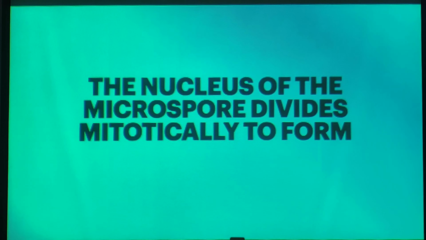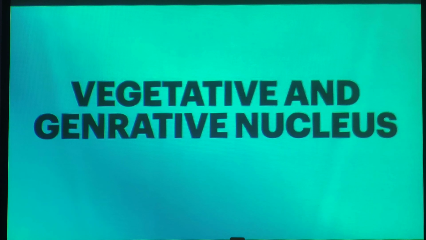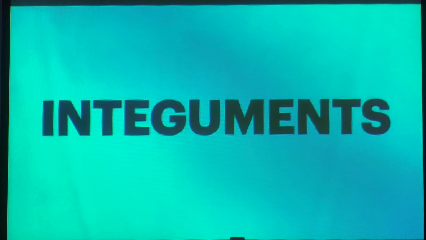The nucleus of the microspore divides mitotically to form vegetative and generative nucleus. Ovule is protected by one or two covering called integuments.